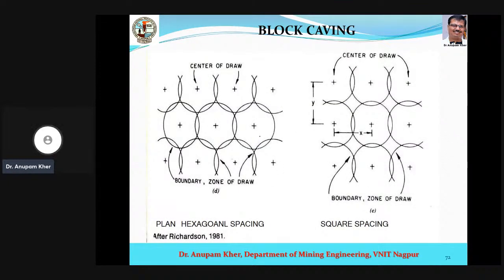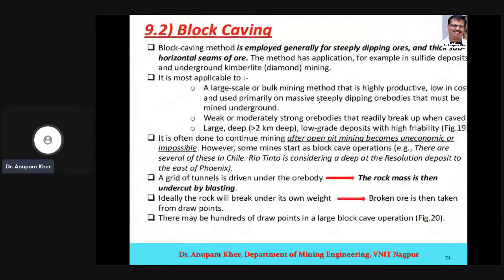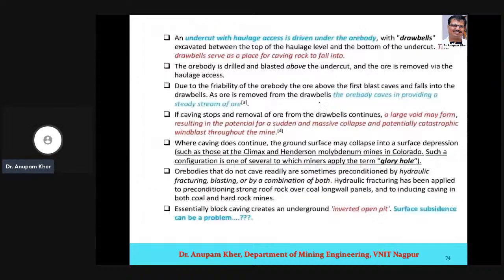As you can see, this is how the centers of draw are brought together very closely. This is one plan, hexagonal spacing, and these are forming hexagons, and these are typically square shapes, square spacing between the centers of draw. So this is basically the block caving method, where the undercut level is very important.